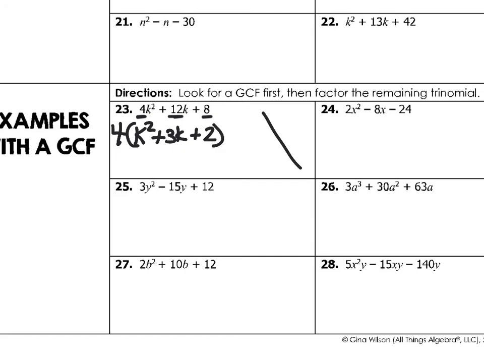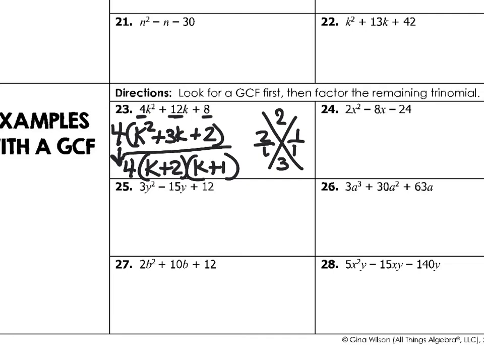So now you're looking at the factors of 2 that add up to 3. Well, we know that one's pretty easy. 2 and 1, right? So your answer is going to be bring down this 4 and then your 2 binomials. K plus 2 and K plus 1. Okay? Your GCF goes in there as well.